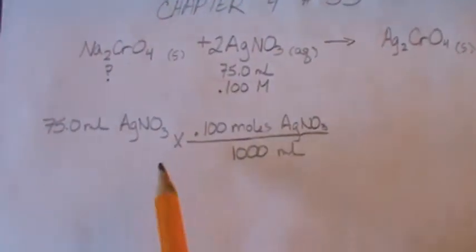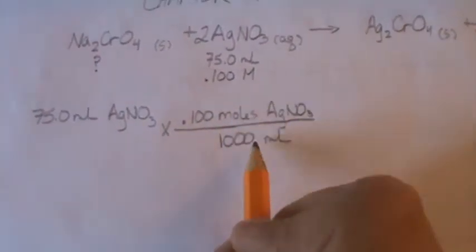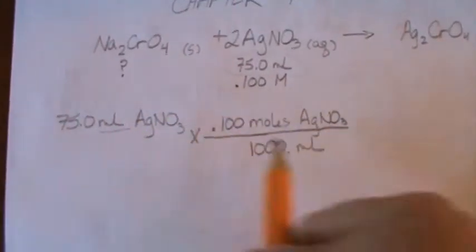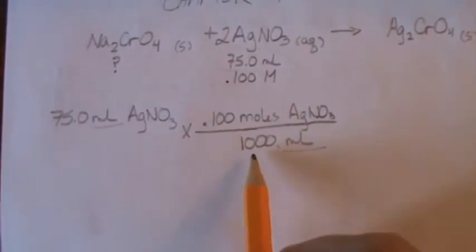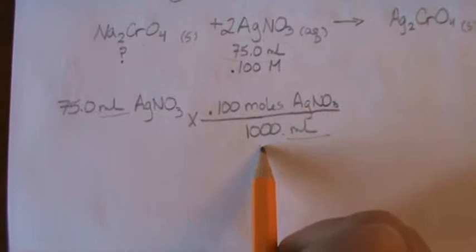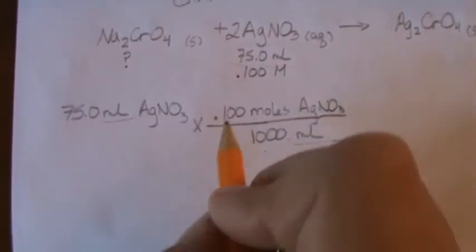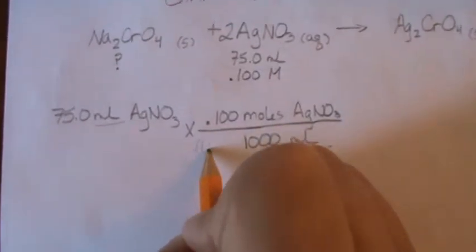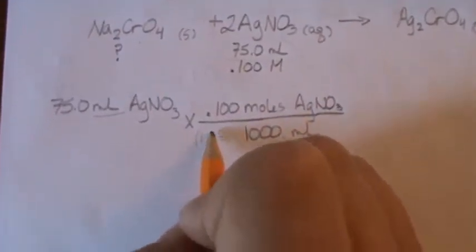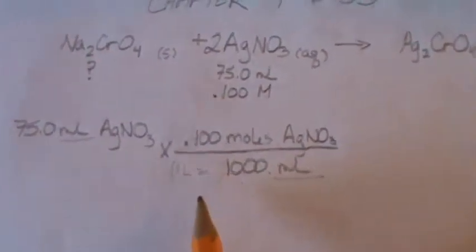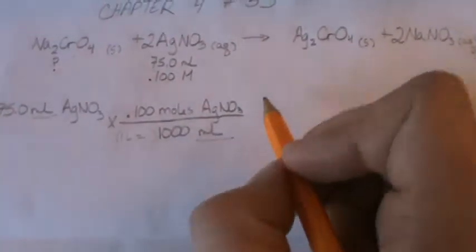Now, hopefully you didn't miss that step. It's moles per liter, but this is in milliliters. Since I know that there are 1,000 milliliters in 1 liter, I can just put in 1,000 milliliters instead of 1 liter. So now I'm up to moles of silver nitrate.